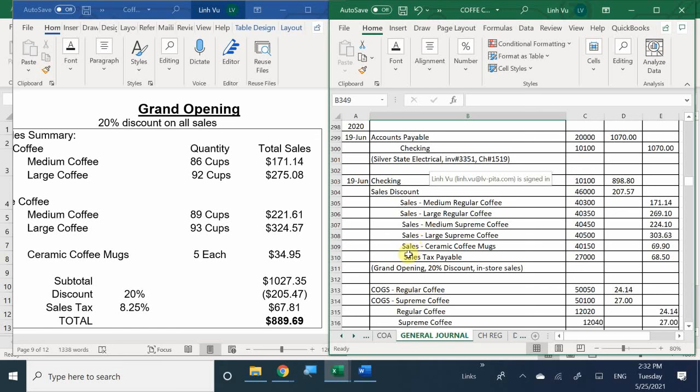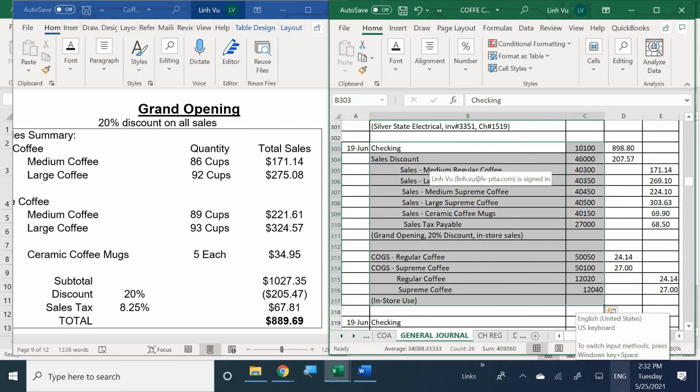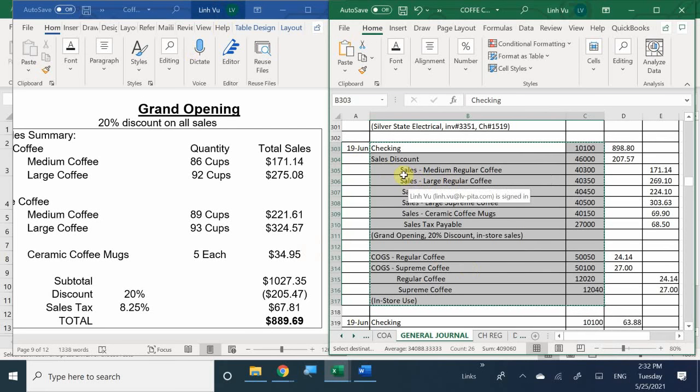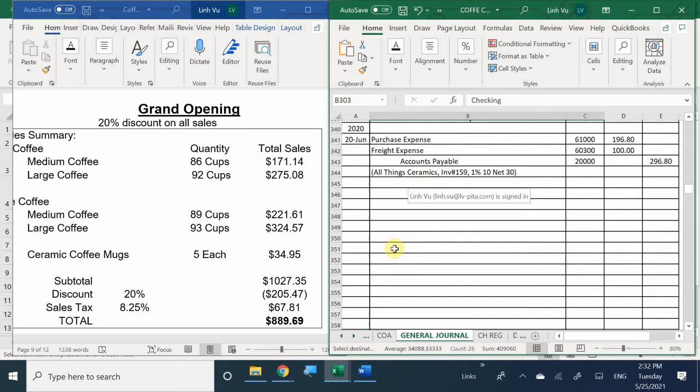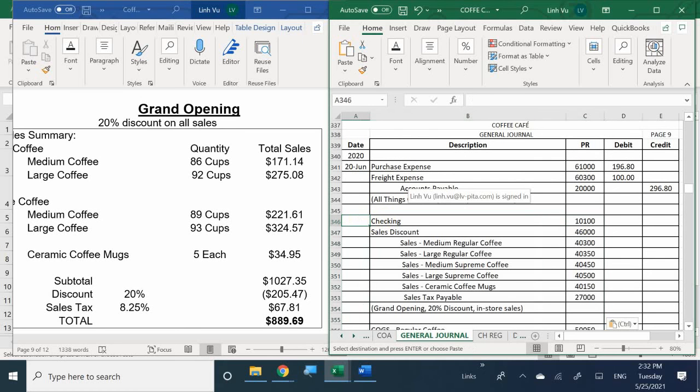So sales ceramic coffee mugs and sales tax payable. I'm just going to copy and paste what we did on the 19th. Excellent. Use the advantage of technology and shortcuts. I'm going to copy and paste this whole transaction and paste it right down here. It's magic. There we are, June 20th.